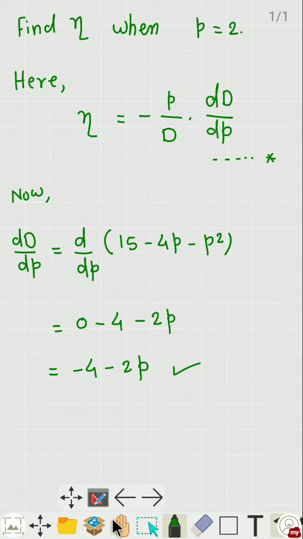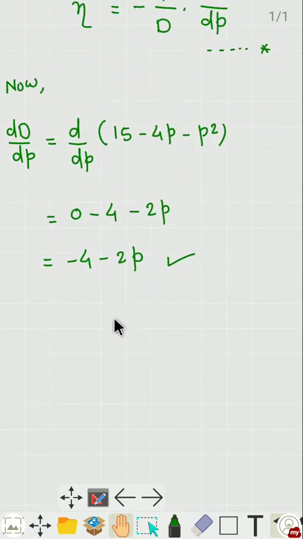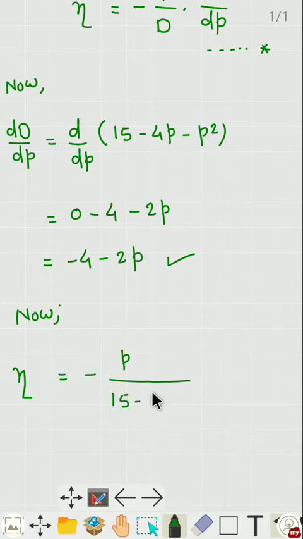Now we find the eta. We write eta is equal to minus p upon d, and that d is 15 minus 4p minus p square, into the derivative, which is minus 4 minus 2p.